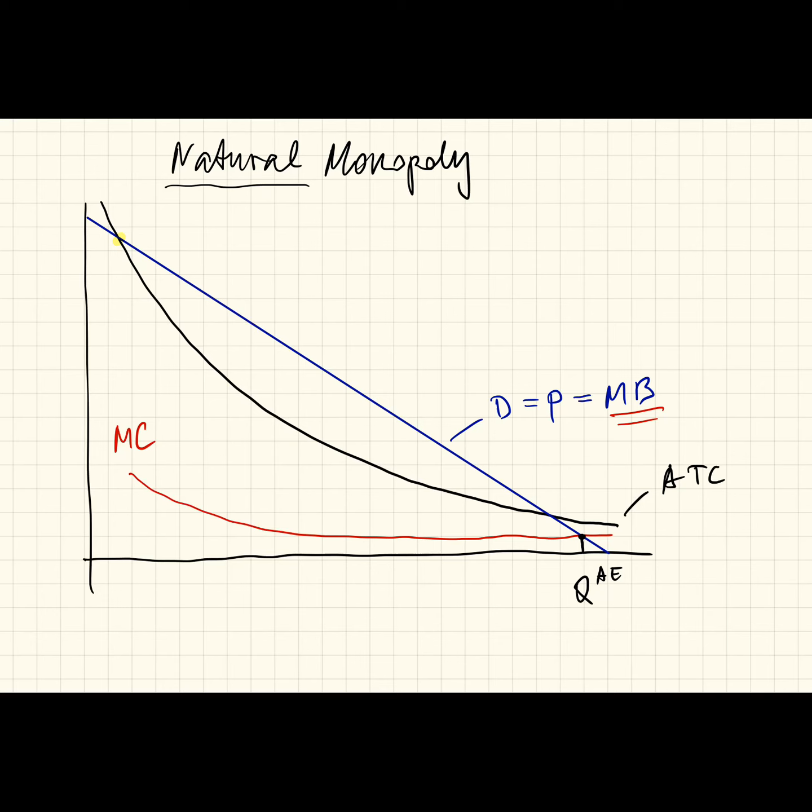Simply put, if you want this company to be at the point of allocative efficiency, so it doesn't generate any deadweight loss, doesn't lose any surplus, you want to push it just to this point.